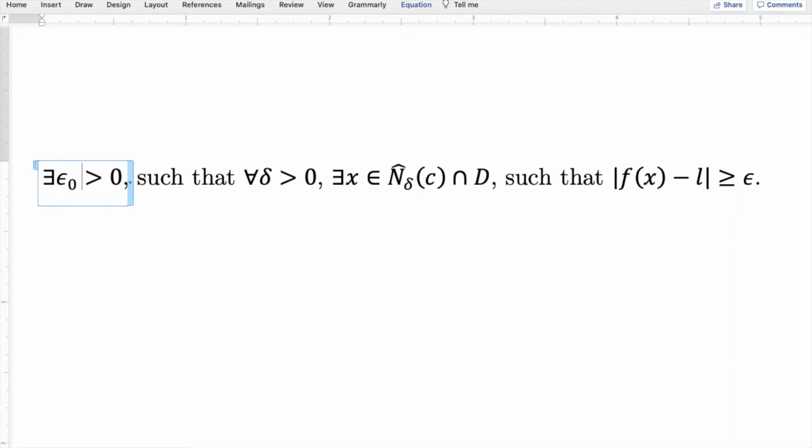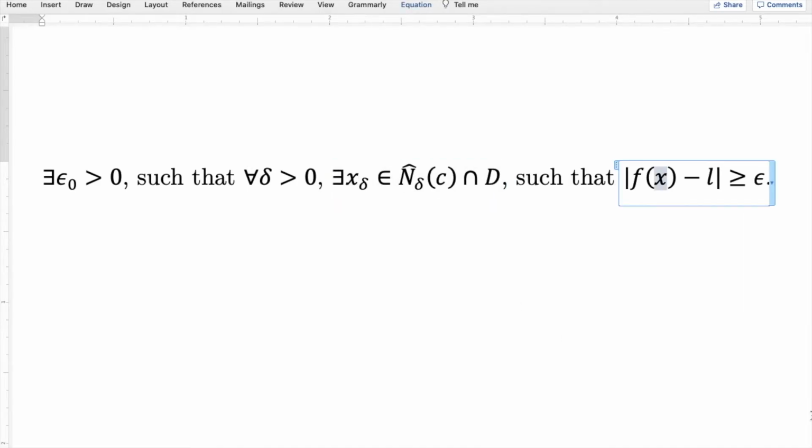So I would like to write there exists epsilon naught. This is a particular epsilon naught; it doesn't vary, it is not an arbitrary one. So I write there exists an epsilon naught such that for all delta positive, now can you tell me what this x depends on? It depends on delta, so x underscore delta. This is just a more precise way to write this.